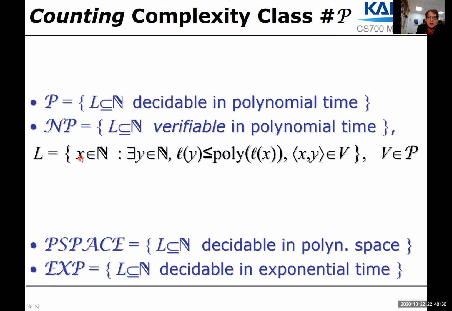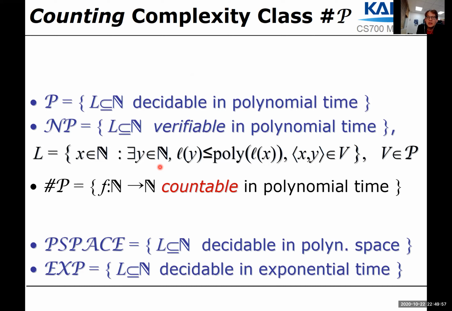So when x belongs to the set, there exists at least one witness, and in general, there exist several witnesses. And a variant of this class NP is now the question not whether there exists such a witness, but how many of these witnesses there exist. And this exactly gives rise to this complexity class #P. It counts the number of witnesses y for a given input x.